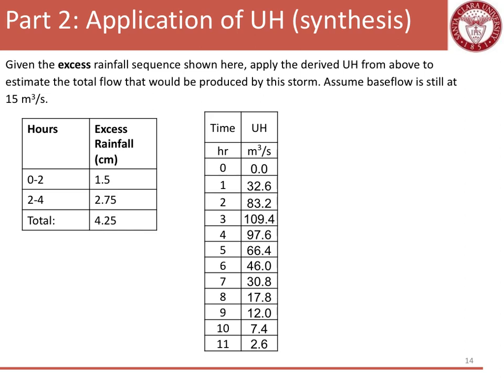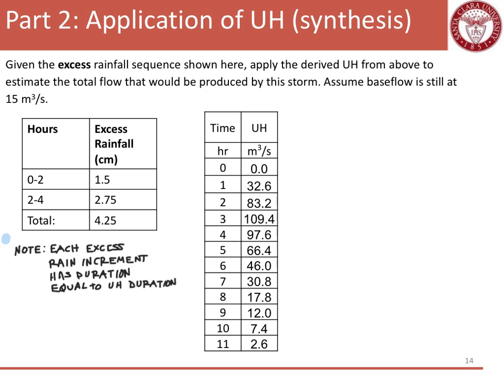We're still going to assume a base flow of 15 cms, and we would like to figure out the total flow we can expect from this storm. So we're going to have to apply the two principles that I discussed in my previous video dealing with unit hydrographs: first, linearity, and second, superposition.